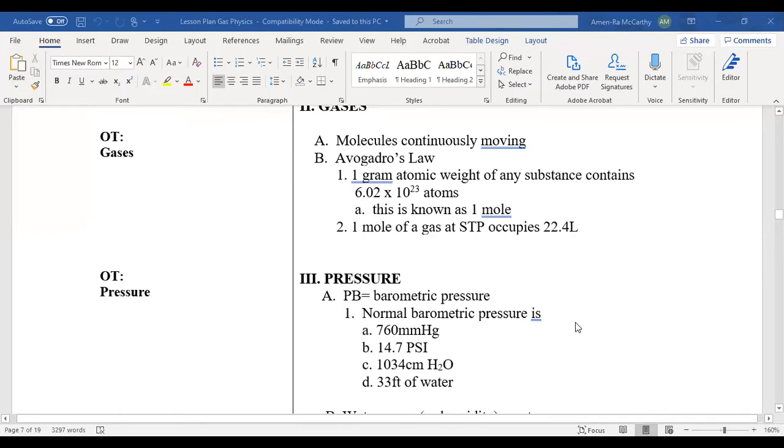All right, so that is Avogadro's law. You need to know his law, but you won't have to figure out the 6.02 times 10 to the 23, how many atoms that is and all that. You won't have to do that. You just need to know what Avogadro's law is.